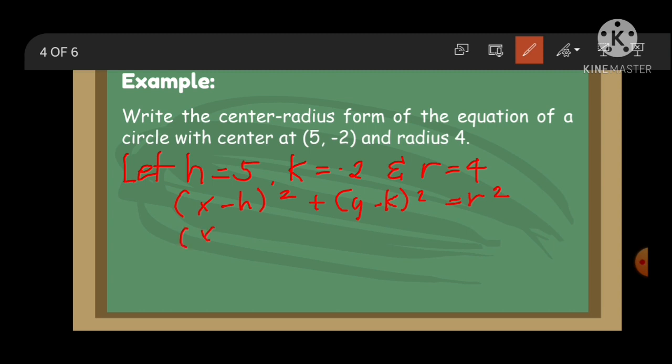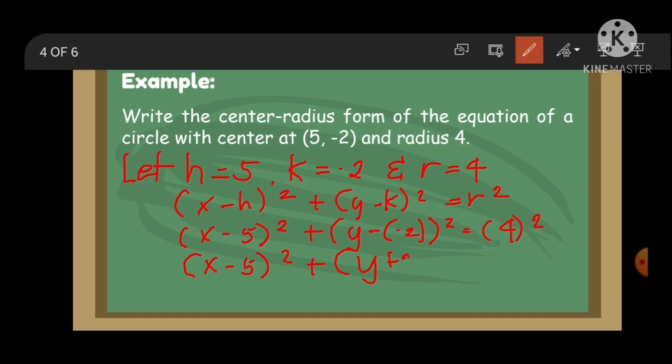So, we have (x - 5)² + (y - (-2))² = 4². Then, let us simplify 4² and minus -2. So, we have (x - 5)² + minus -2 is equal to plus 2.